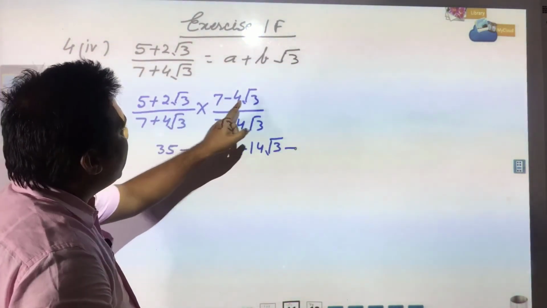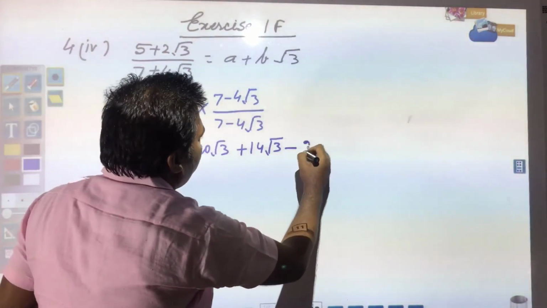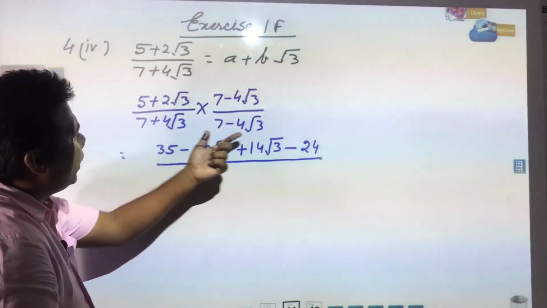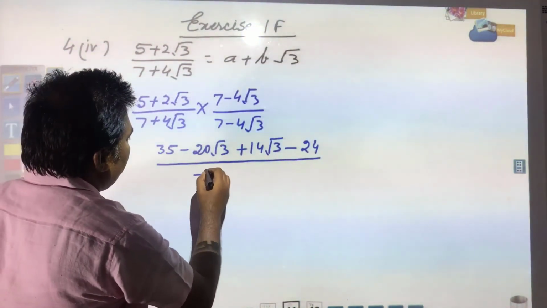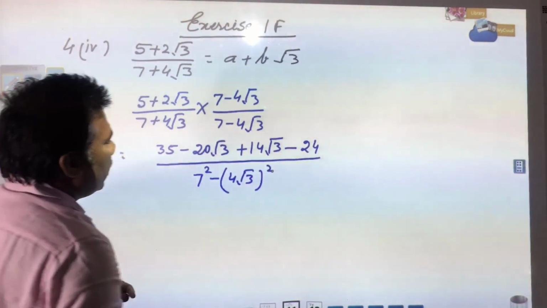So, 8 into 3 is equal to 24, and divided by this is a plus b into a minus b. So, it will be 7 square minus 4 root 3 whole square.